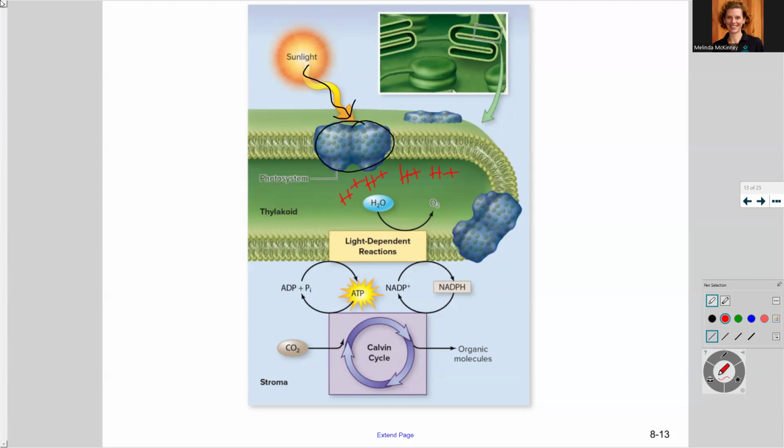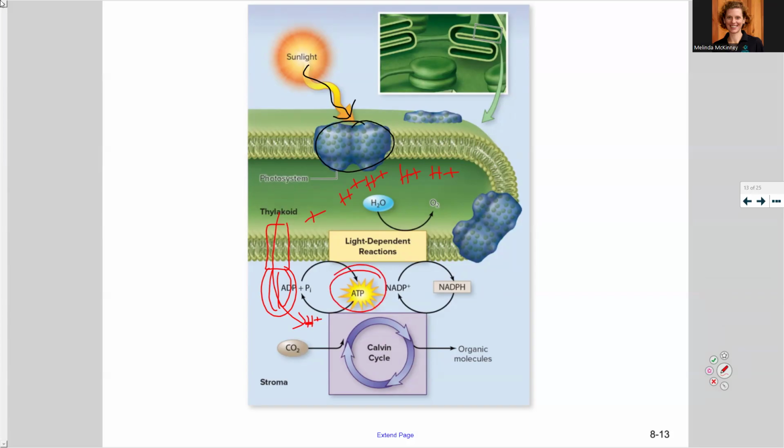This internal space is then filled with ions that want to get away from each other, and they are going to be allowed to get back out if they go through ATP synthase. Through that process, the hydrogen ions will leave and they form ATP. The electrons form NADPH.